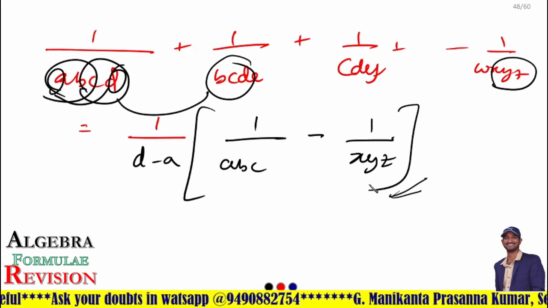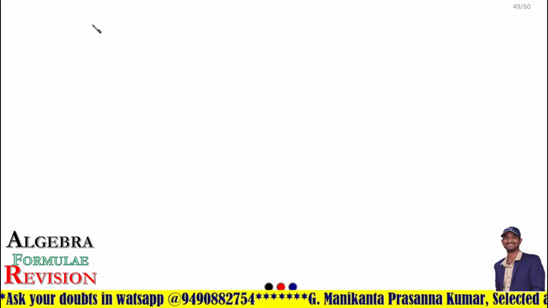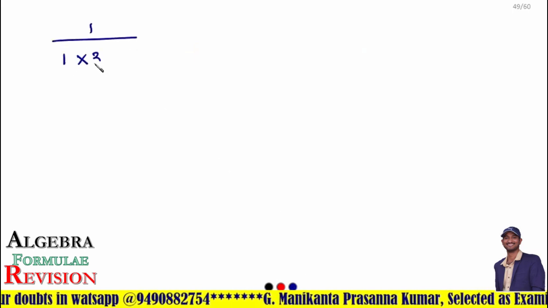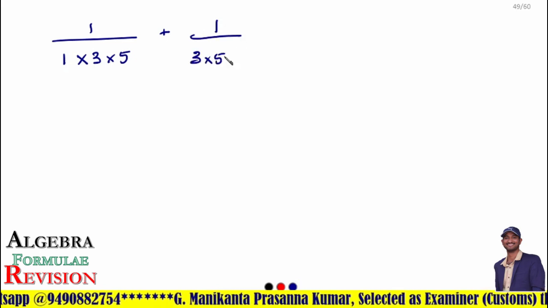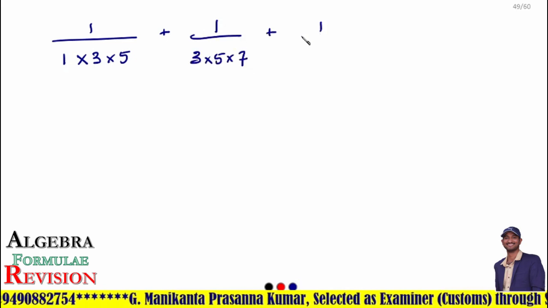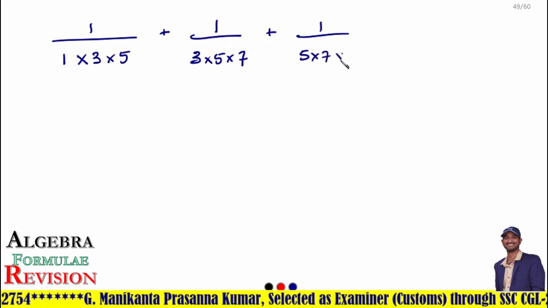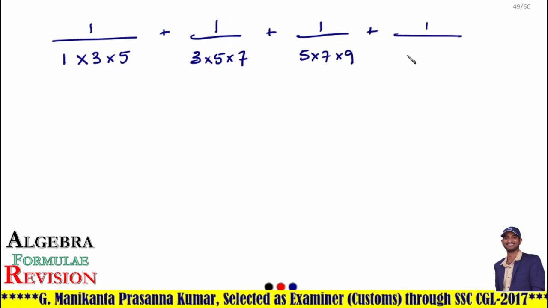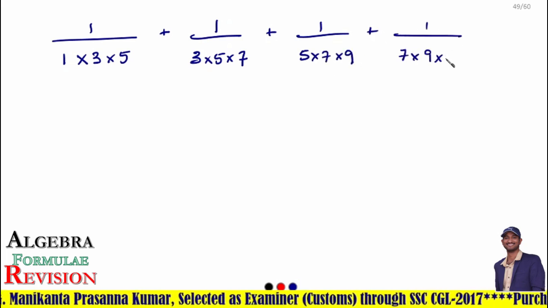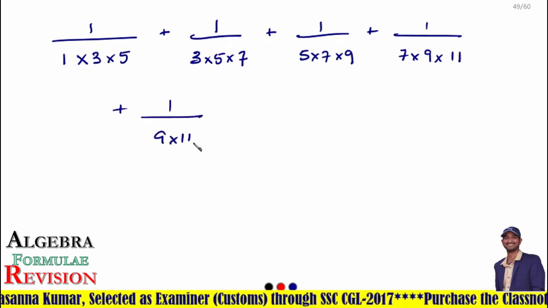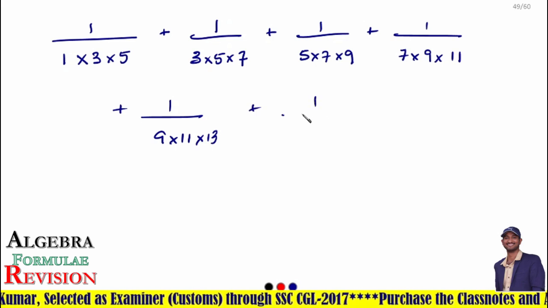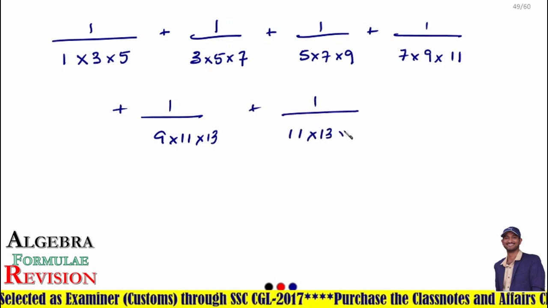For example, 1 by 1 into 3 into 5 plus 1 by 3 into 5 into 7 plus 1 by 5 into 7 into 9 plus 1 by 7 into 9 into 11 plus 1 by 9 into 11 into 13 plus 1 by 11 into 13 into 15.